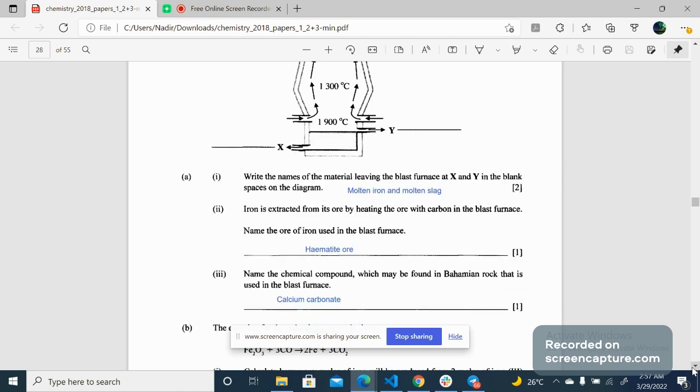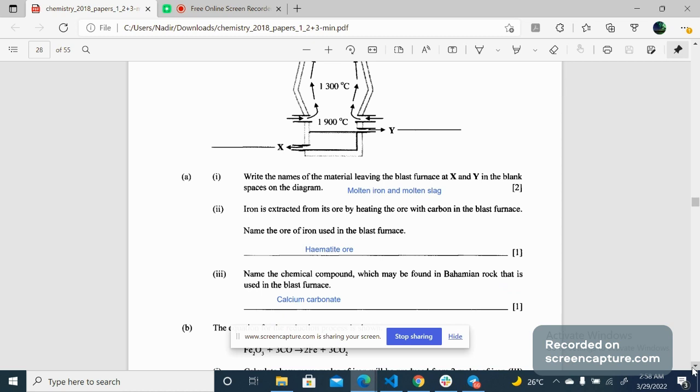And part 2, the same question, is talking about the extraction of iron from its ore, because iron does not occur naturally in the pure form. It is always in the form of ore, and this ore is then refined to extract iron from it.